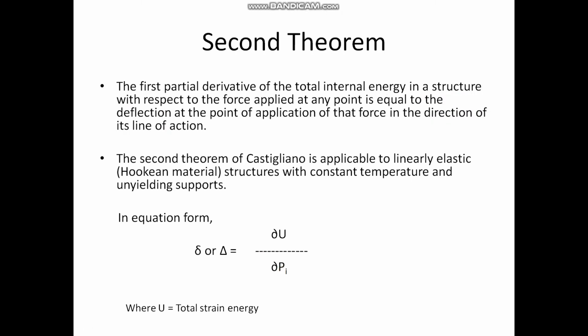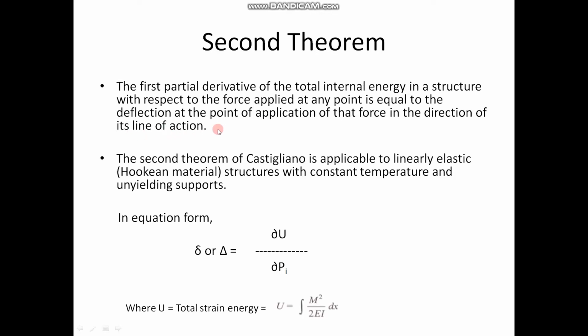The second theorem states that the first partial derivative of the total internal energy, that means the total strain energy, in a structure with respect to the force applied at any point, is equal to the deflection at the point of application of that force in the direction of its line of action.